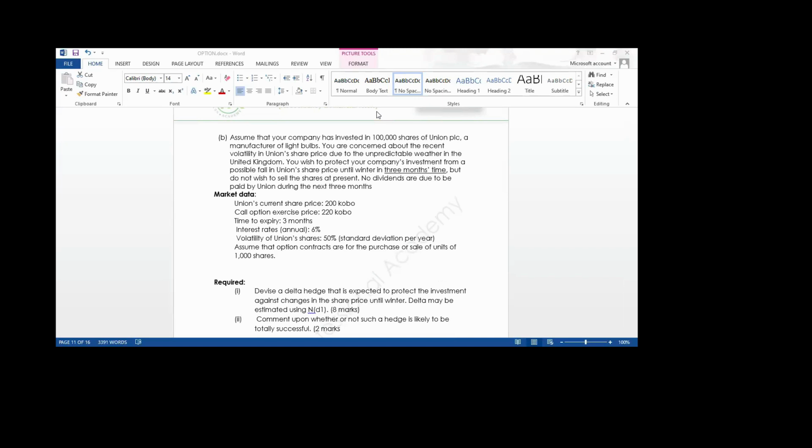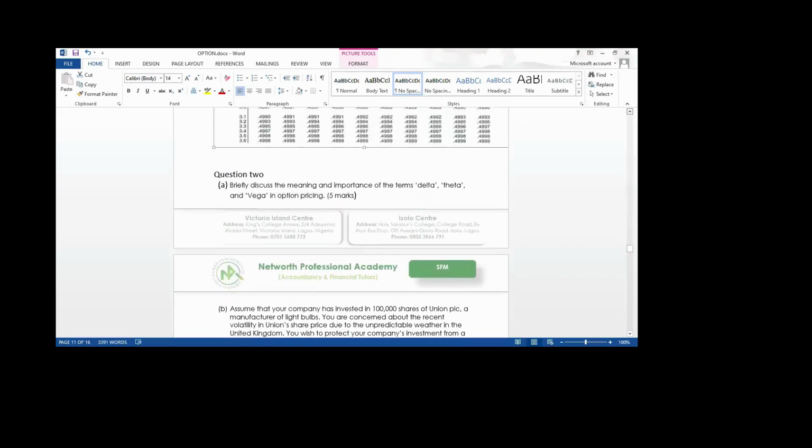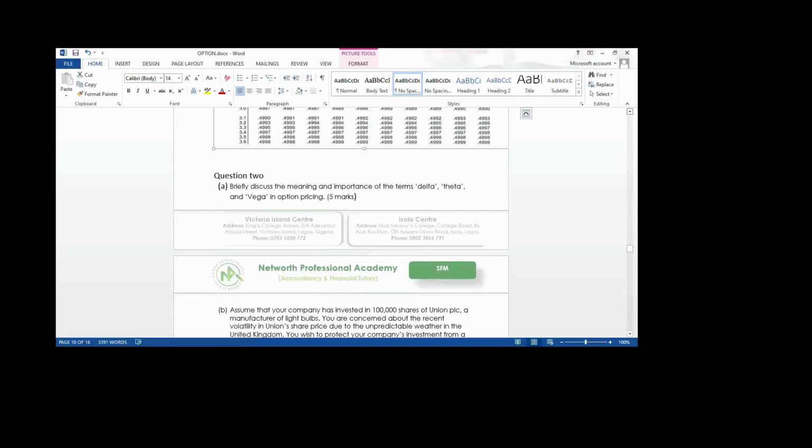Let us look at question number 2. Briefly discuss the meaning and importance of the terms delta, theta, and vega in option theory. Please, let's read this. What is delta? Delta measures the sensitivity of option value to change in underlying asset price.